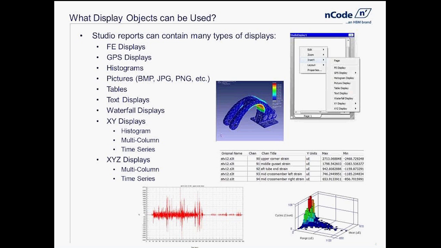These text boxes can have static text as well as information containing metadata so that we can begin to populate that text in an intelligent way. We can do waterfall displays, several different types of XY displays, just like the XY display glyph would, and also 2 different types of XYZ displays.